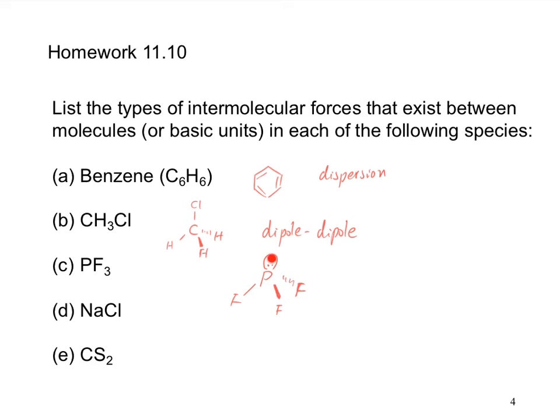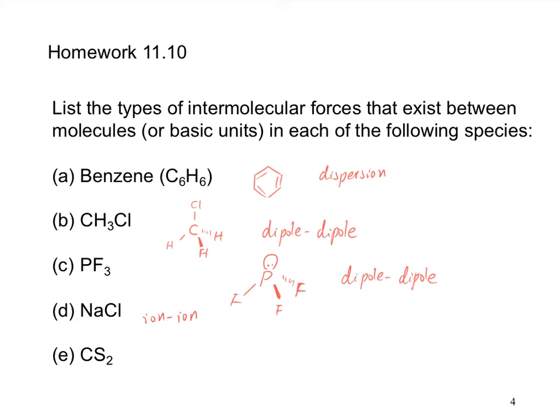Therefore the predominant intermolecular force for this molecule, again, is dipole. And the next one, sodium chloride. Do I have ions here? Yes, that's all we have. We have sodium cation and chloride anion. So therefore, the predominant intermolecular force in here is ion, pretty strong.